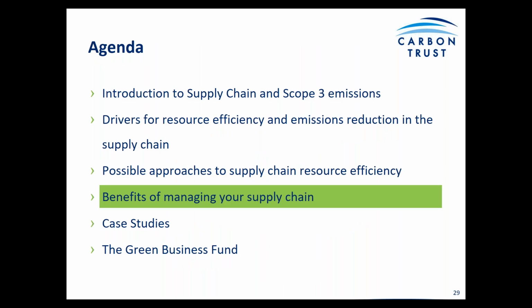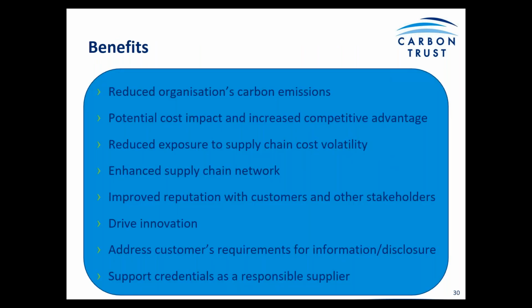So now, as a recap, I wanted to go through the key benefits for organizations to manage and improve their supply chain from an emissions point of view. We have been seeing some examples of these benefits, such as obviously reducing the organization's carbon emissions in Scope 3, potential cost impact and increased competitive advantage, reduced exposure to supply chain and cost volatility from an energy and resource point of view, enhanced supply chain network, improved reputation with customers and with other stakeholders.